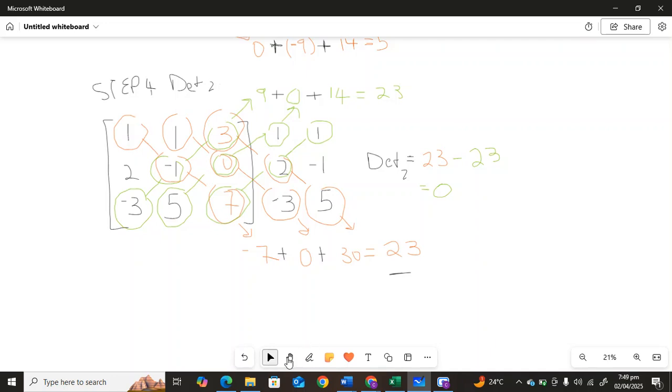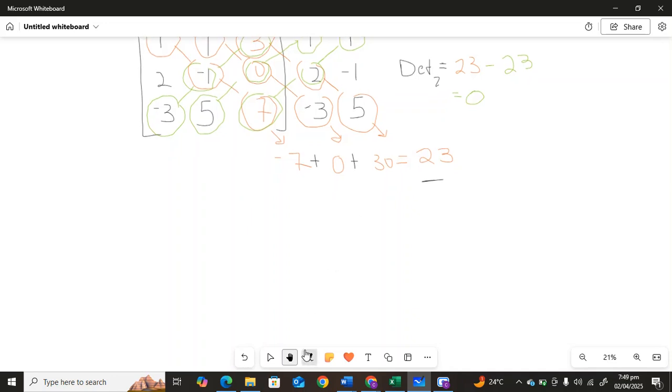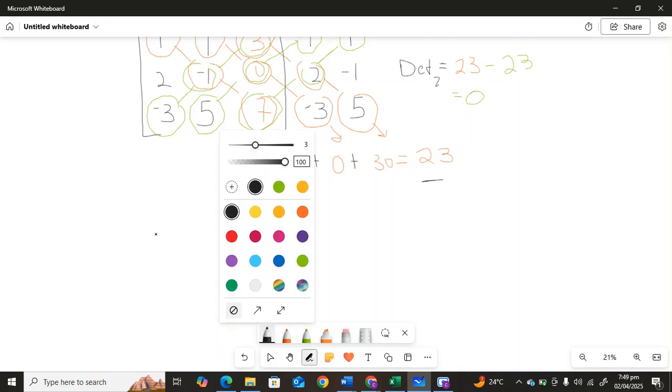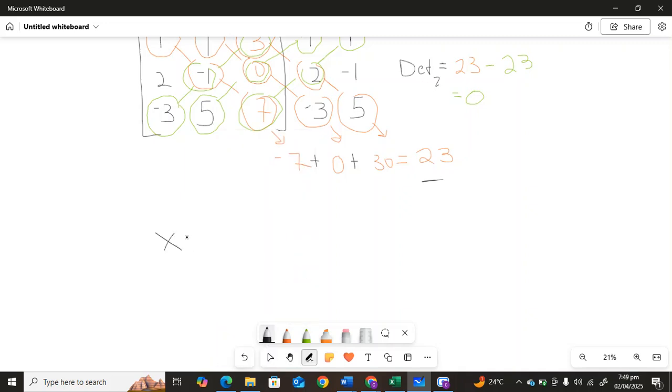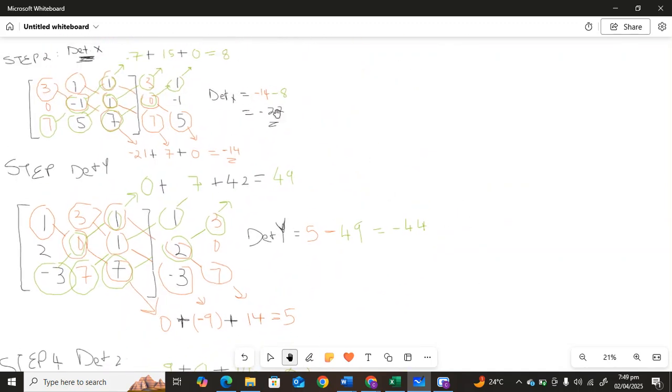Okay, now we can find our values of X, Y, and Z. So to get the value of X is the determinant of X divided by the overall determinant. Our determinant for X, negative 22.